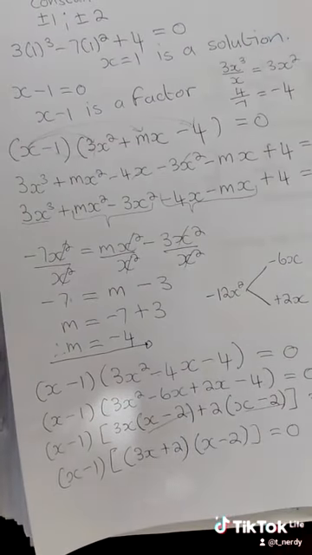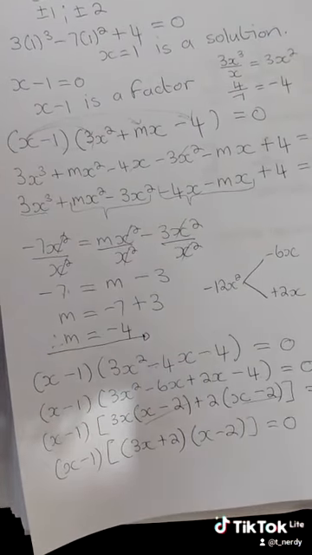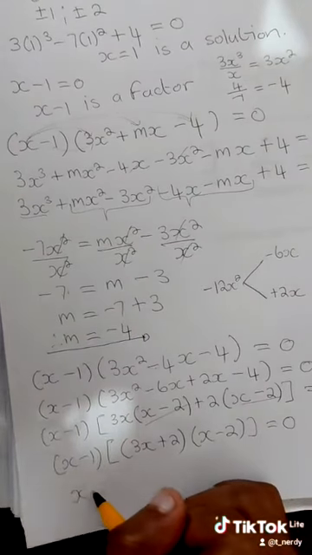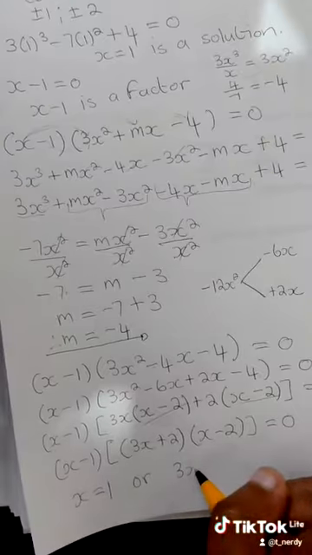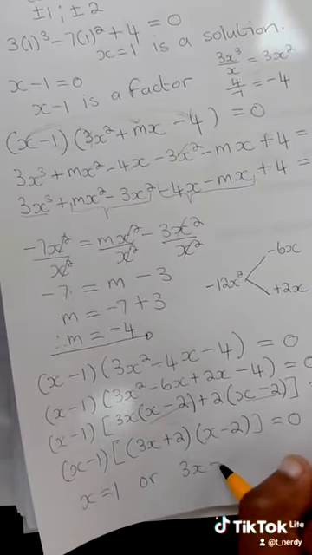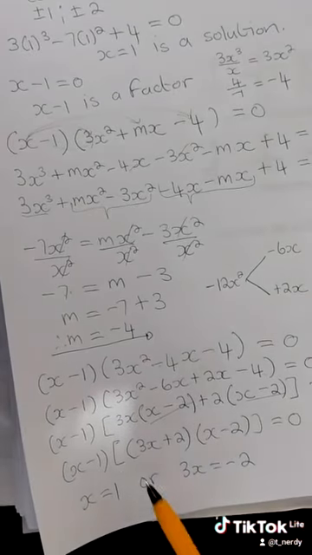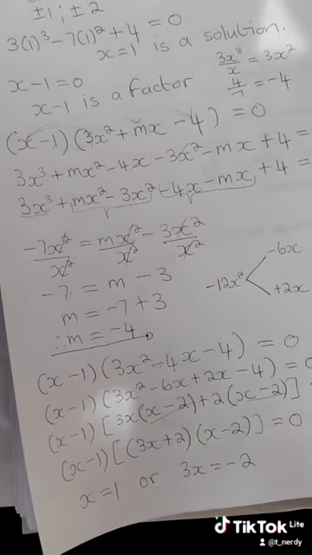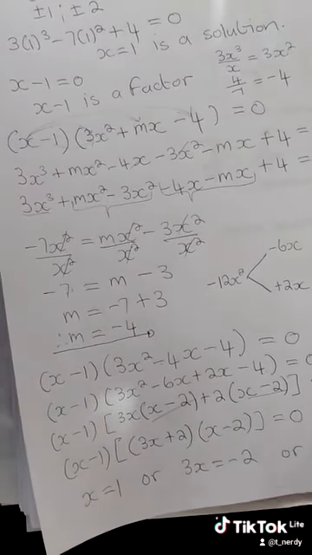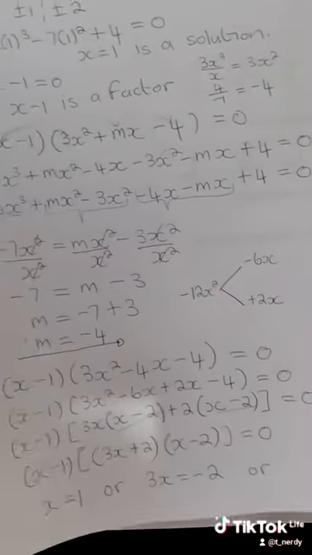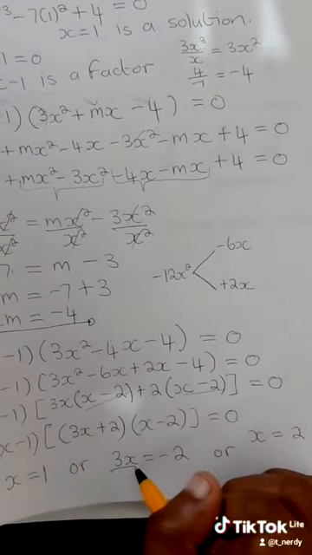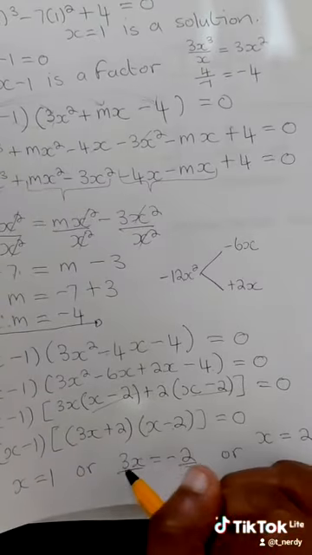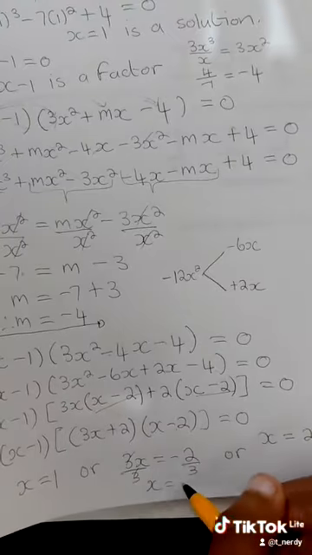So it means the solution to our problem is that x is equal to 1, which is for this term, or 3x is equal to minus 2, that is for the second term here, or x is equal to 2, that is for this third term here. So here we can just divide by 3 on both sides. Then we get that x is equal to minus 2 over 3.